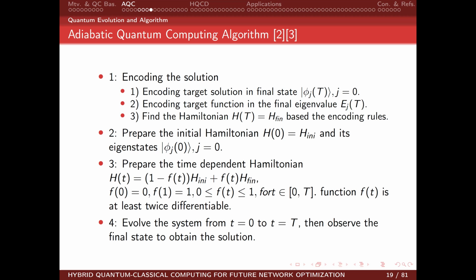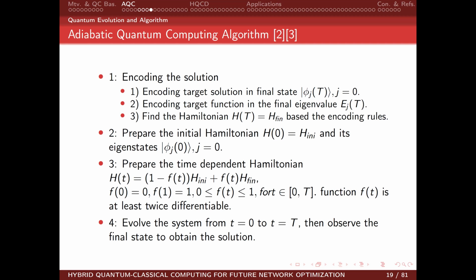So that's the preparation for the quantum dynamic simulation. After we prepare the final status and the initial status, we can prepare the time-dependent Hamiltonian. As I said, we can see from the Schrödinger equation that the Hamiltonian is time dependent.